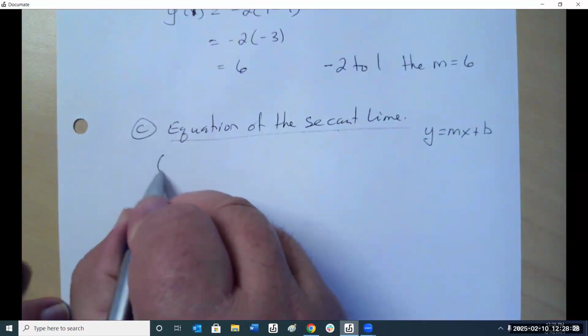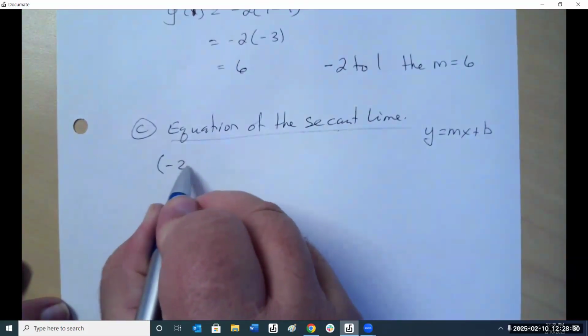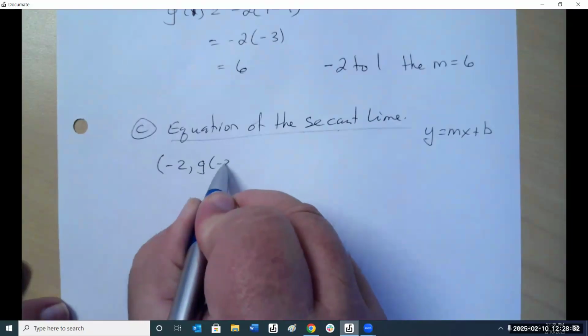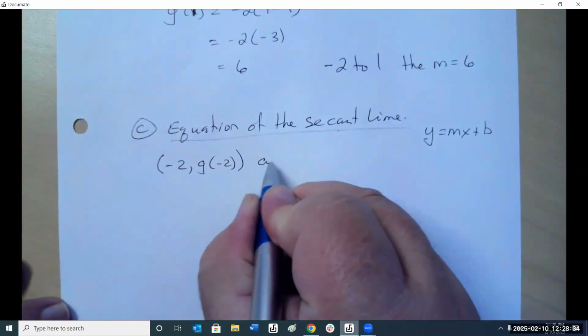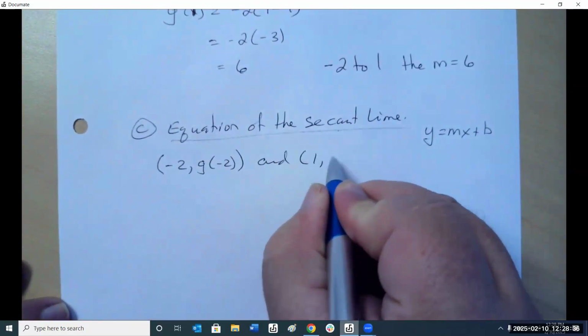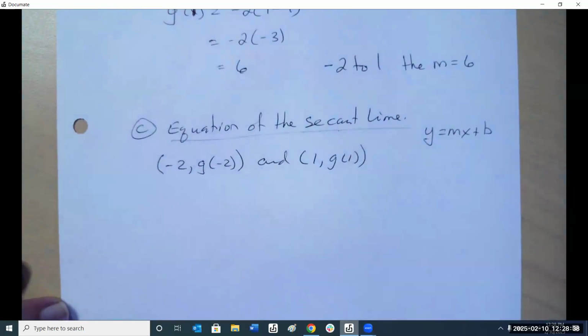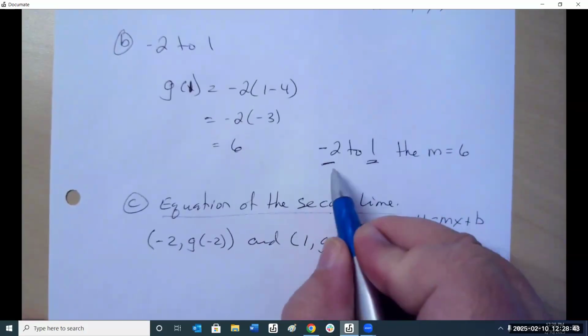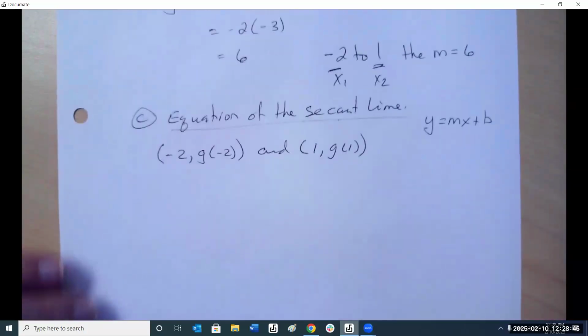The 2 points we have, it tells us from -2, G of -2, and at 1, G of 1 are 2 points. This is x1, this is x2.